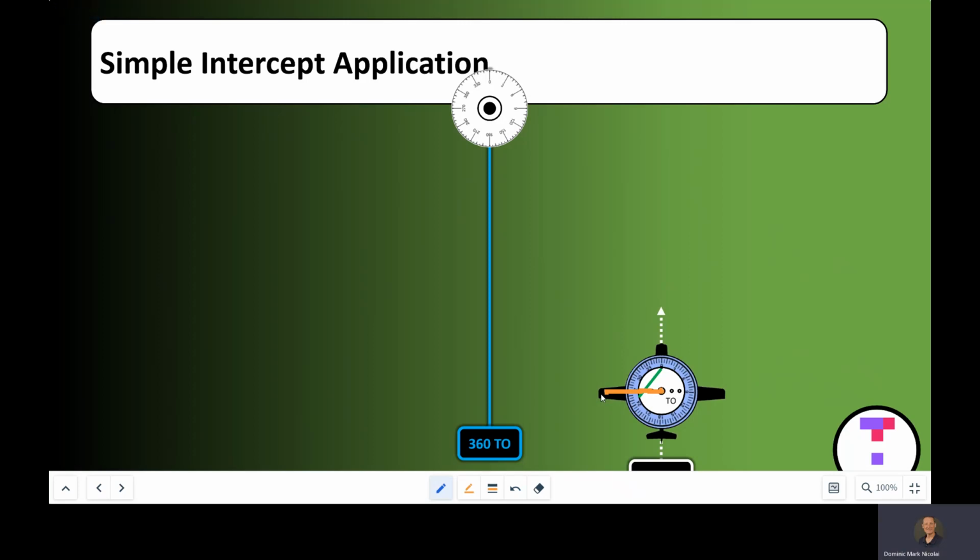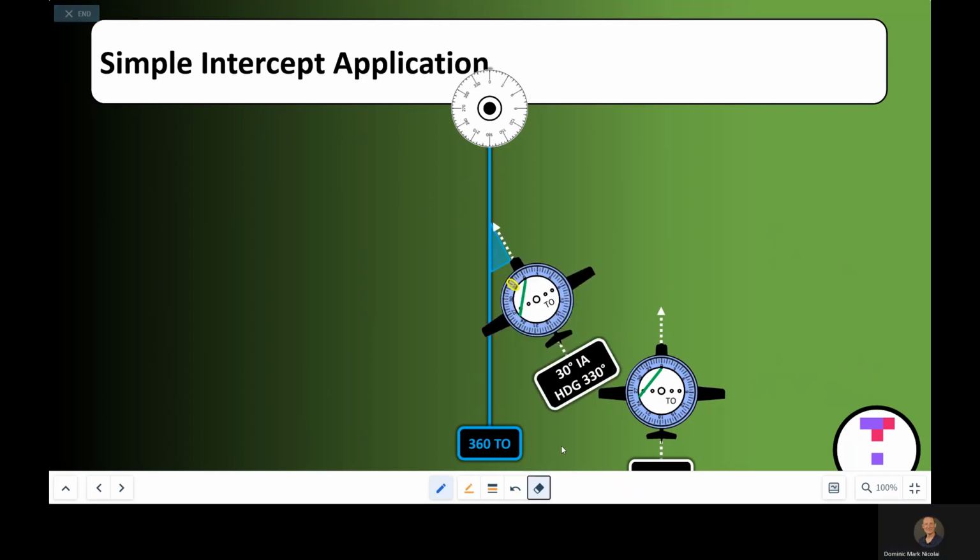Start at the donut, work towards the CDI deflection along the scaling dots. I have to go to the west to get it. Now I just pick my intercept angle. This one is a 30-degree intercept. So 30 degrees on the left side there, 330.